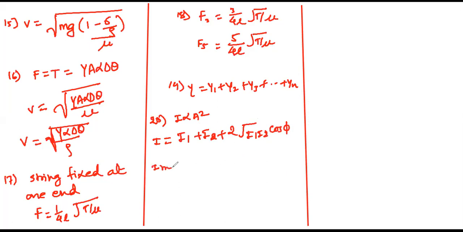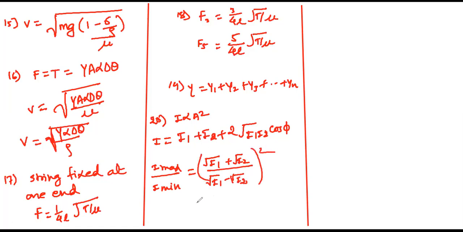I max by I min is equal to (root I1 plus root I2) divided by (root I1 minus root I2) whole square. That is also equal to (A1 plus A2) divided by (A1 minus A2) whole square. Okay.